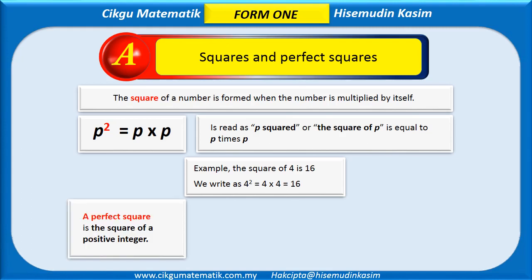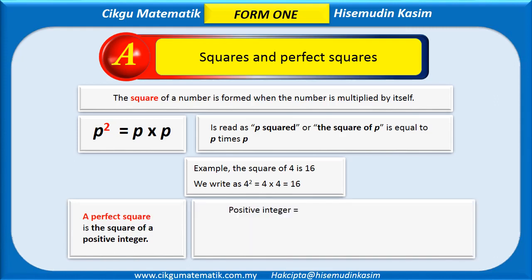A perfect square is the square of a positive integer.